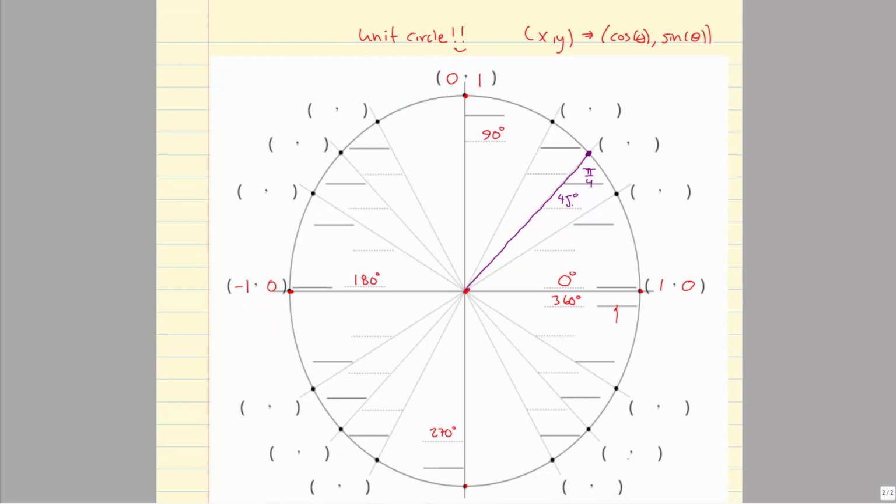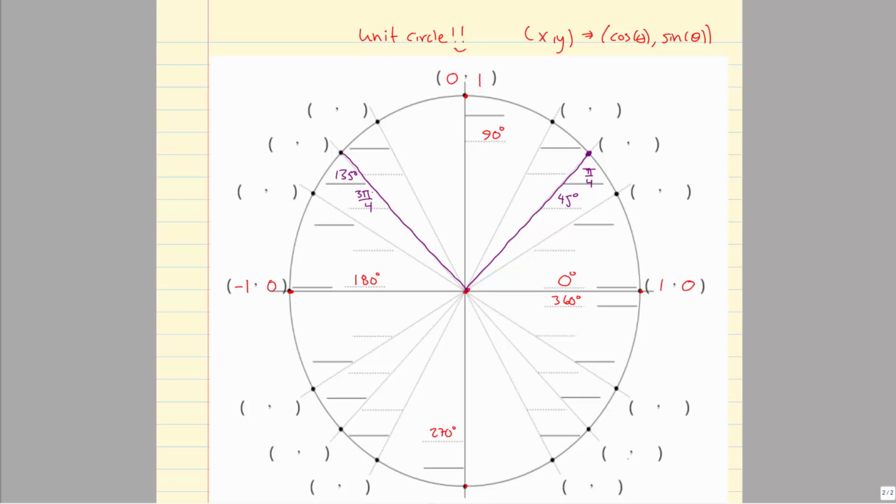I could also then come in this direction and bisect quadrant 2. Here's our 1 pi over 4, here would be 2 pi over 4, and here would be 3 pi over 4. Okay, and I forgot to put in the radians for the quadrantal angles. I'll go back and do that in a second. This would be 3 multiples of 45. So 45, here would be our 90, and here would be 135 degrees.